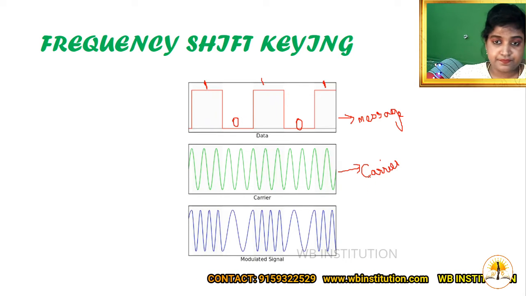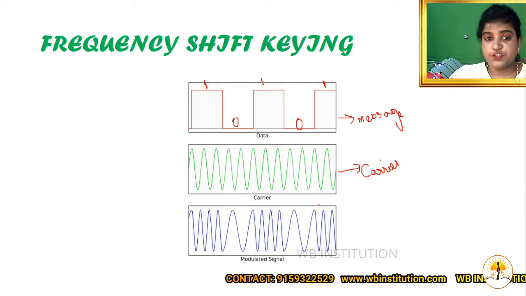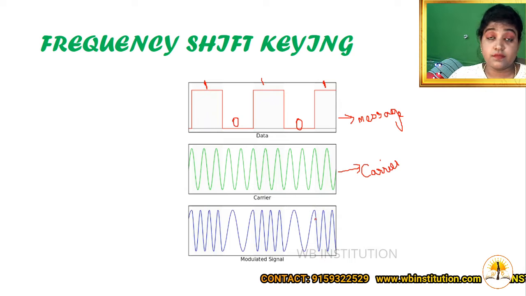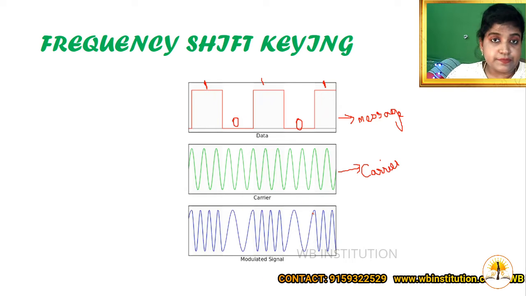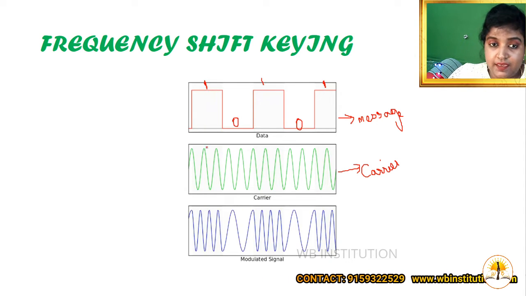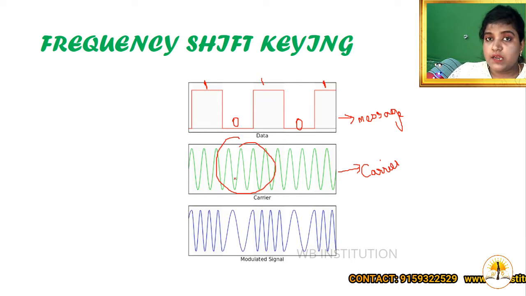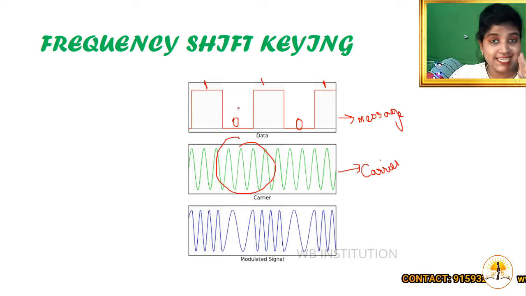Now I'm going to draw my final output diagram, that is your frequency shift keying. In this concept, the frequency of the carrier wave is keyed, shifted, tuned or modulated with respect to your message signal. So that is said to be your frequency shift keying.